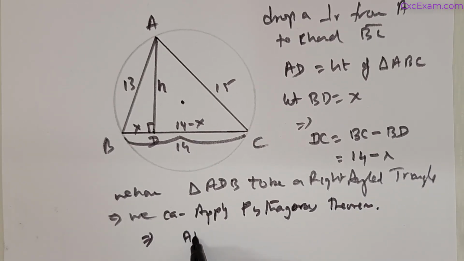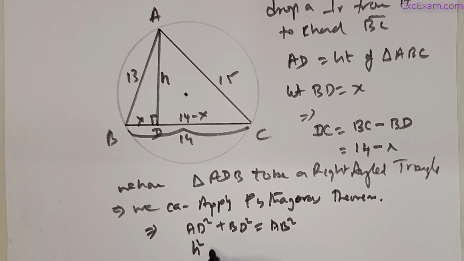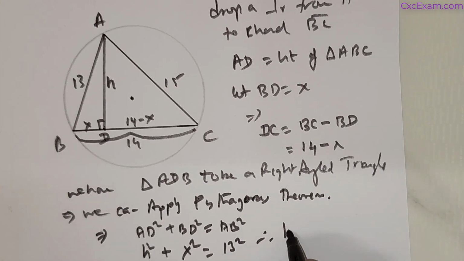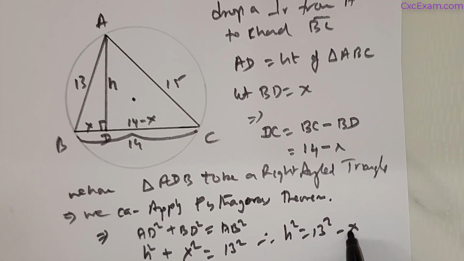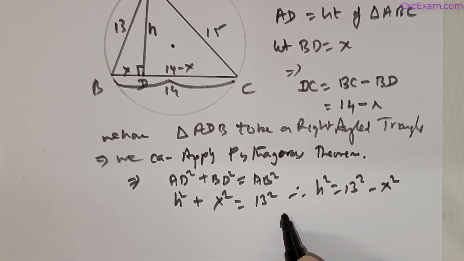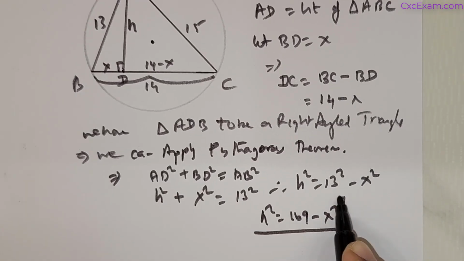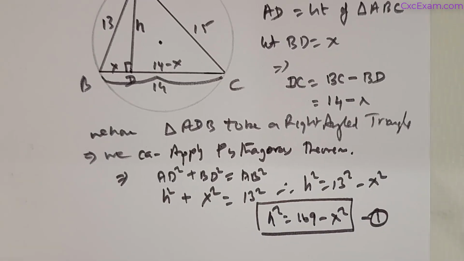That means AD squared plus BD squared is equal to AB squared. AD squared is H squared, BD squared is X squared, and AB squared is 13 squared. So H squared is 13 squared negative X squared. So this means H squared is 169 negative X squared. Let me have it as 1.